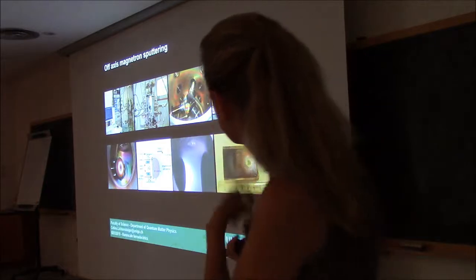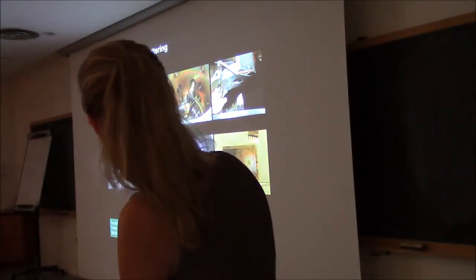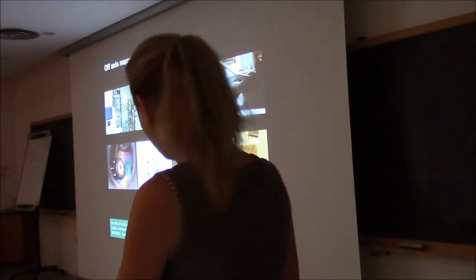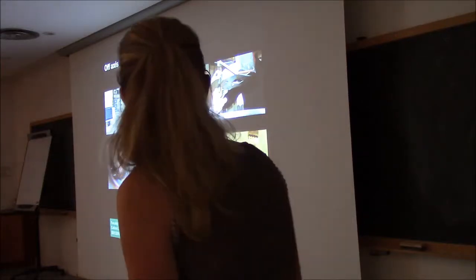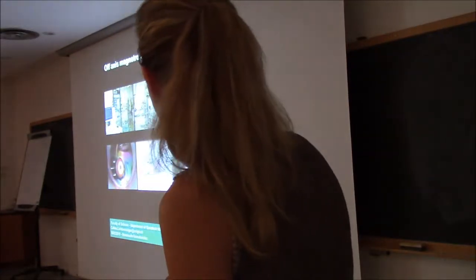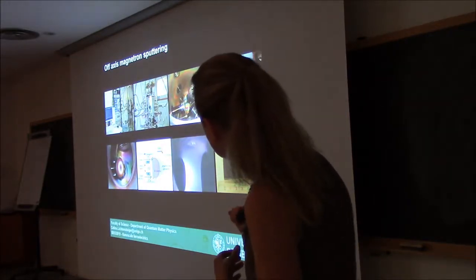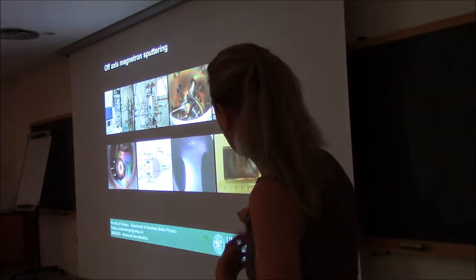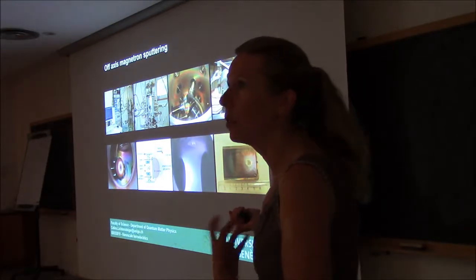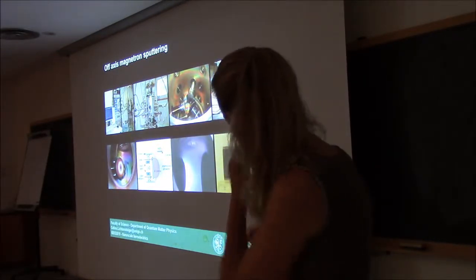And so RF magnetron sputtering works this way. Behind the target you have a magnet, so magnetron. And inside the chamber you put some argon and oxygen. And so what you do is that you apply a very high voltage and you turn the argon gas into a plasma. And so here you see the picture of the plasma.